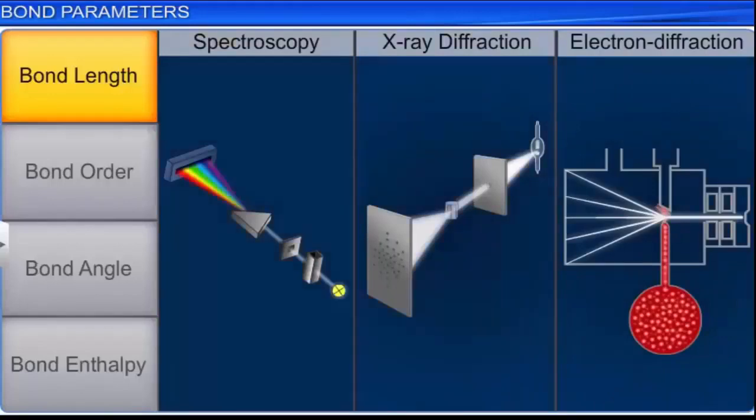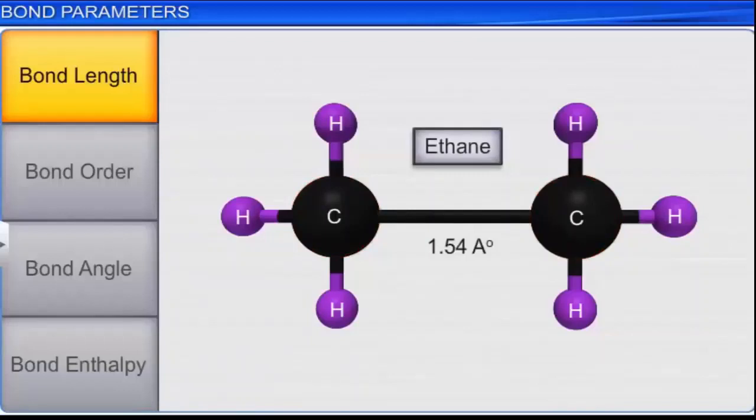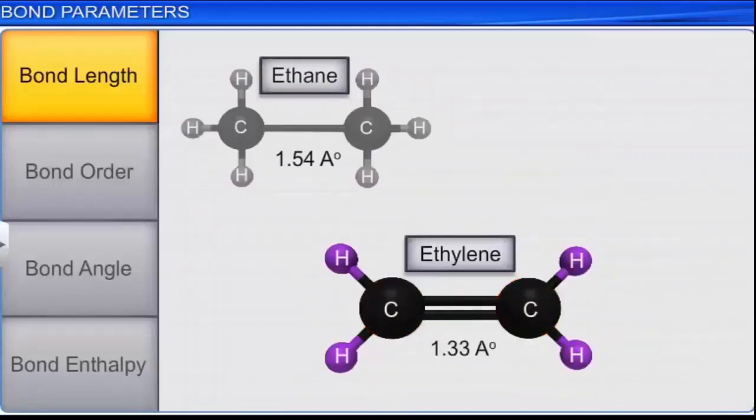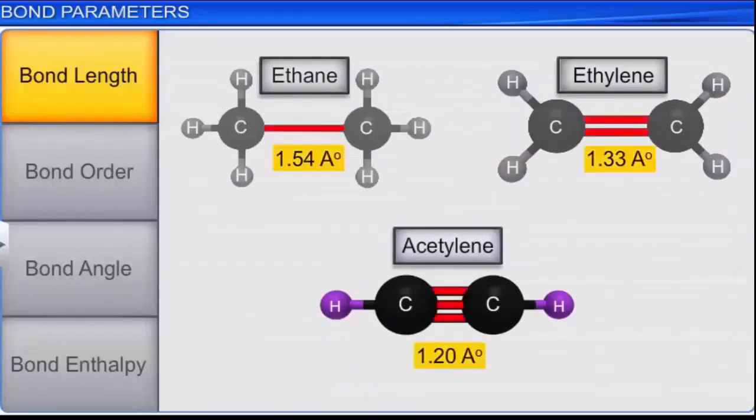The bond length between carbon atoms in an ethane molecule is calculated to be 1.54 angstrom units. The carbon-to-carbon bond length in ethylene is 1.33 angstrom units, while in acetylene it is 1.20 angstrom units. This difference in bond length leads us to our next parameter, bond order.